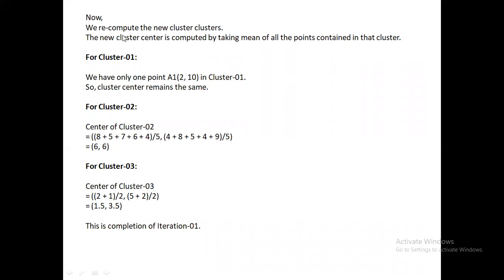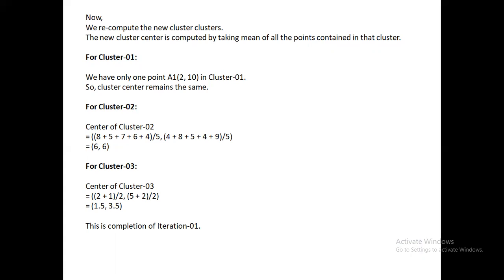Now we recompute the new cluster centers. The new cluster center is computed by taking the mean of all the points contained in that cluster. In cluster 1, we have only one point, that is A1 (2, 10), so there is no need to calculate the mean. This is your newly formed first cluster.